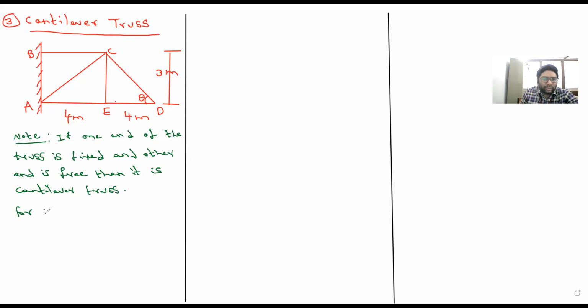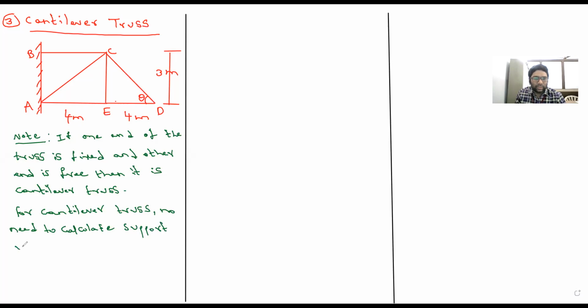For a cantilever truss, no need to calculate support reactions.